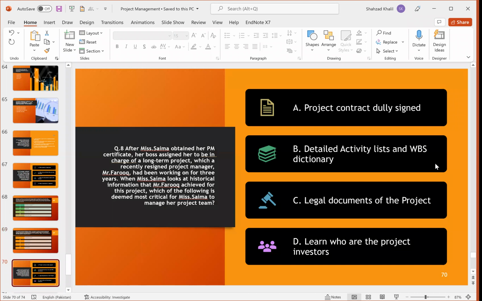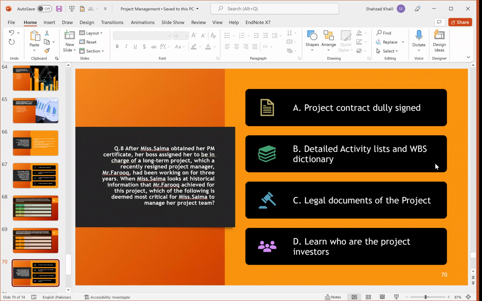After Ms. Saima obtained her project management certificate, her boss assigned her to be in charge of a long-term project, which a recently resigned project manager, Mr. Farouk, had been working on for 3 years. When Ms. Saima looked at the historical information that Mr. Farouk achieved for this project, which of the following is deemed most critical for Ms. Saima to manage her project team?